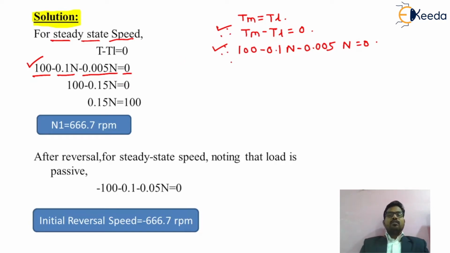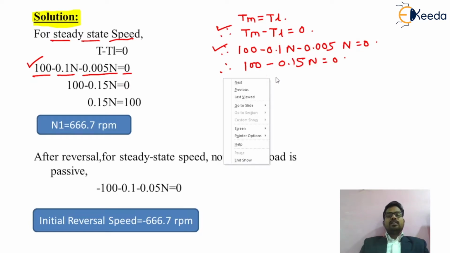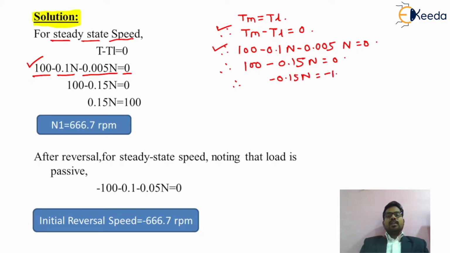Now we convert this equation into 100 minus 0.15 N is equal to 0. From that equation we get minus 0.15 N is equal to minus 100.